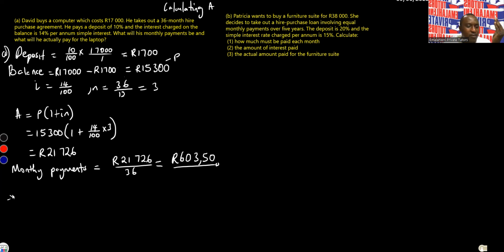Your total cost is going to be the accumulated amount plus your deposit. You're going to add the deposit, so it's going to be 21,726 plus your deposit of 1,700. Then you get your total.